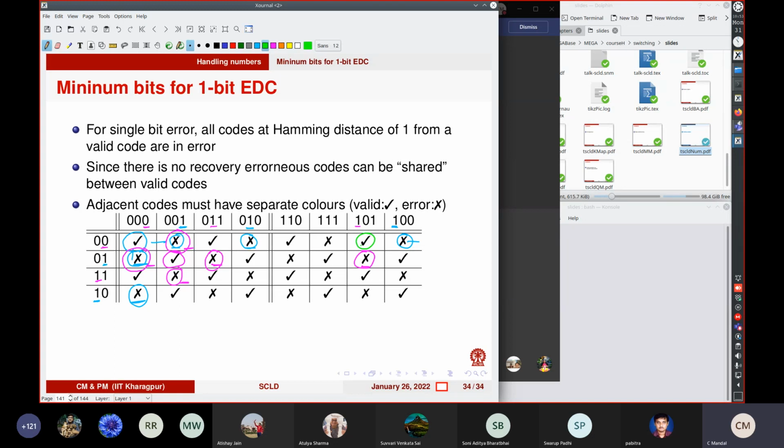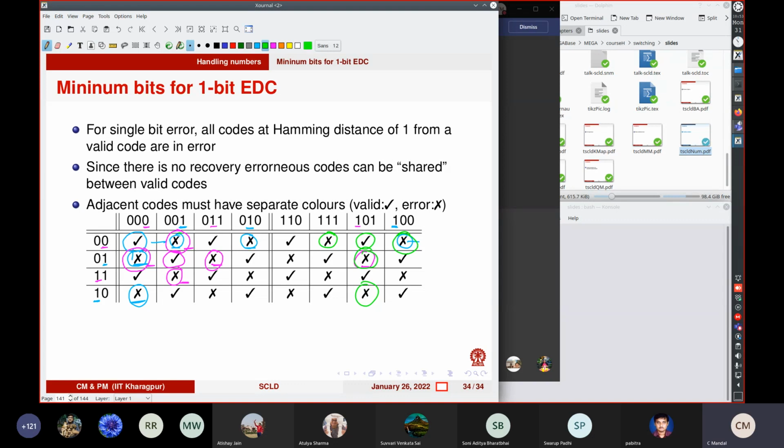Now if I take this, then this one is adjacent, this one is adjacent, this one is adjacent, and this one is also adjacent.